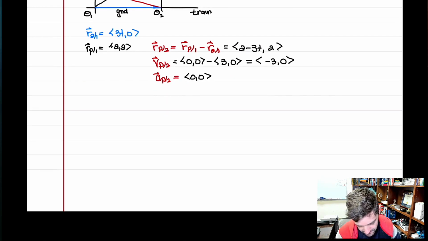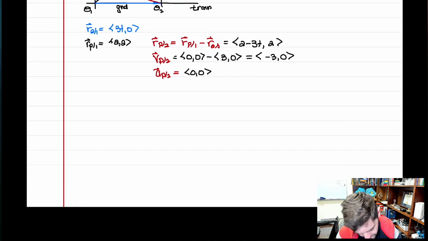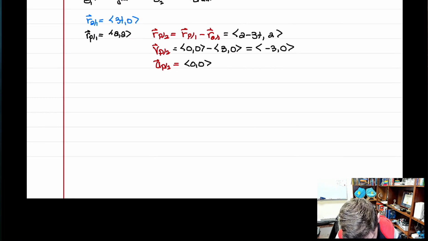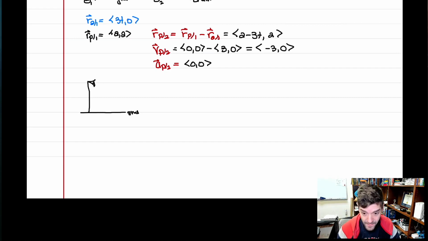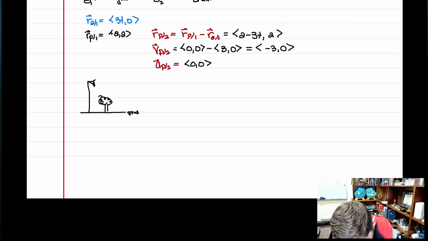Now what if it was more complicated? Well, then who cares, right? It's all the same sort of thing. I have, call this the ground, and there's someone watching from the ground, and there's some tree on the ground, say, and they're observing a bird. Well, they would then say that here is the position of the bird relative to the ground.